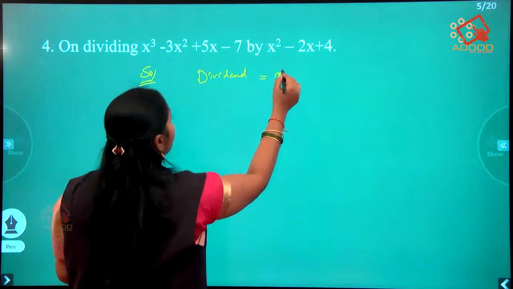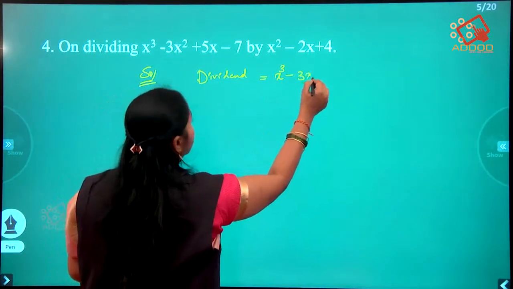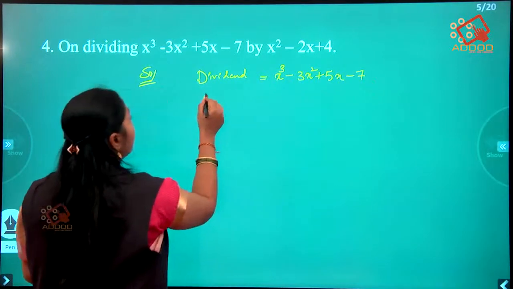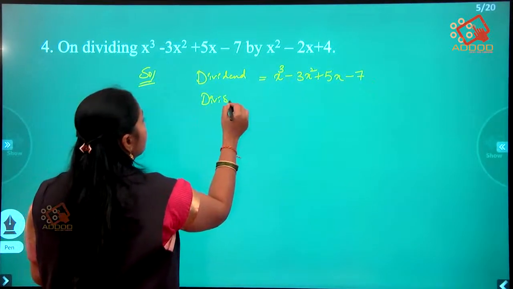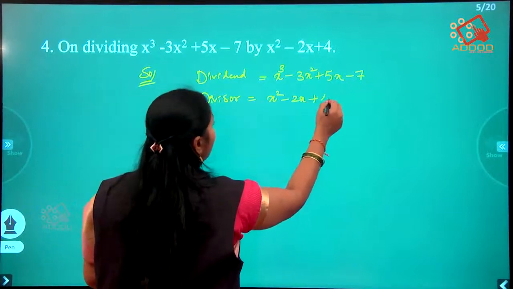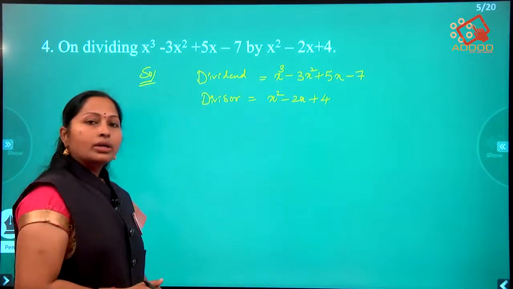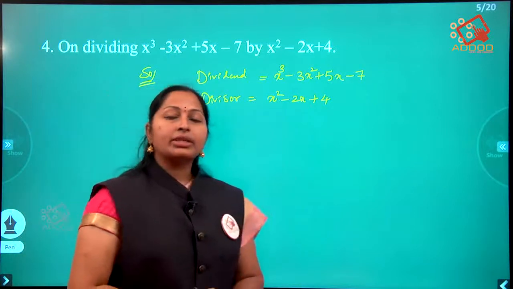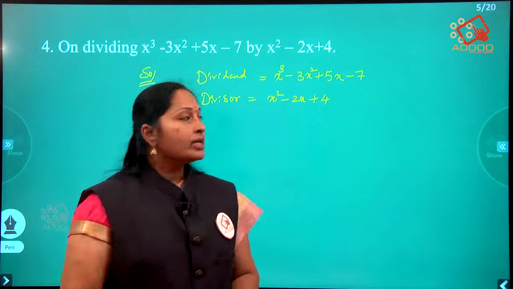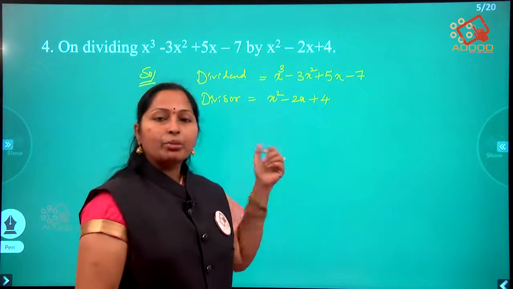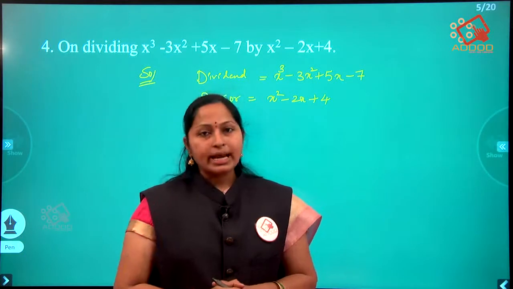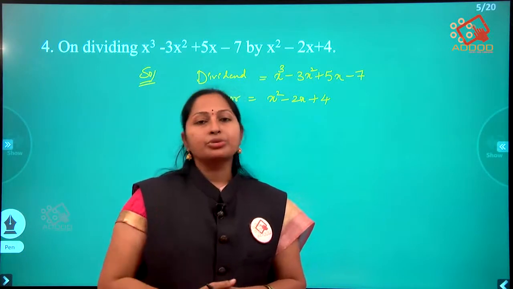Dividend is equal to x cube minus 3x square plus 5x minus 7, and the divisor is x square minus 2x plus 4. First we need to check whether the given polynomials are in standard form or not. So luckily we have the polynomials in standard form.